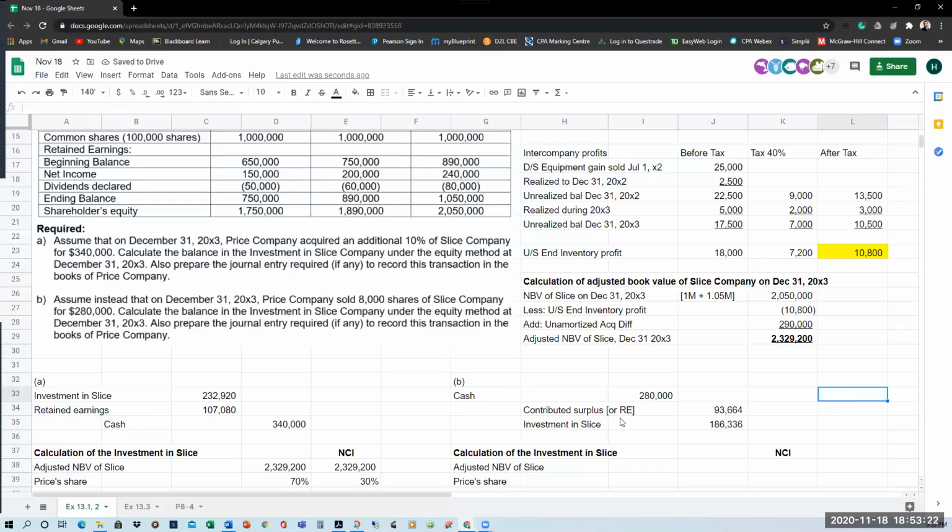Now, in some of your textbook examples, the textbook authors have just used retained earnings. That is allowed under ASPE, okay? So ASPE permits companies to just credit their retained earnings. So that's not wrong. Don't get too overly upset. But ideally, we should be crediting contributed surplus. All right?